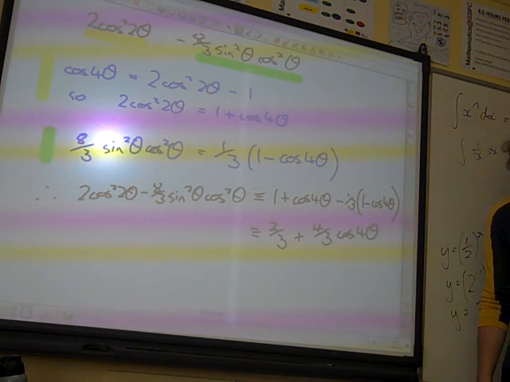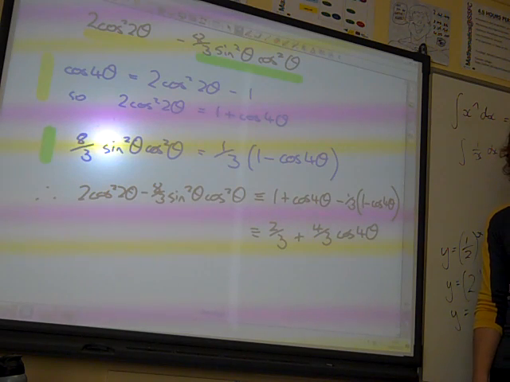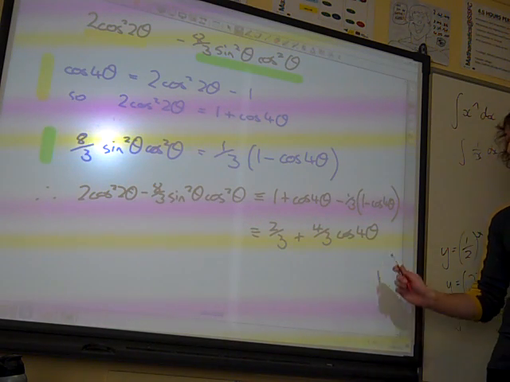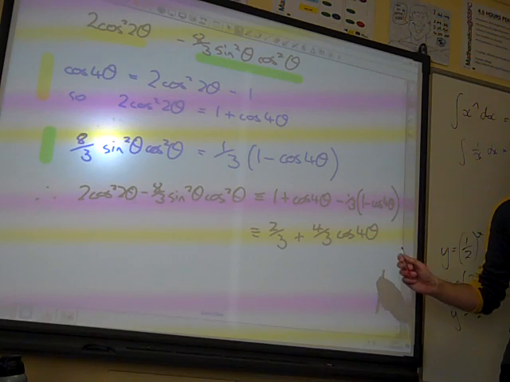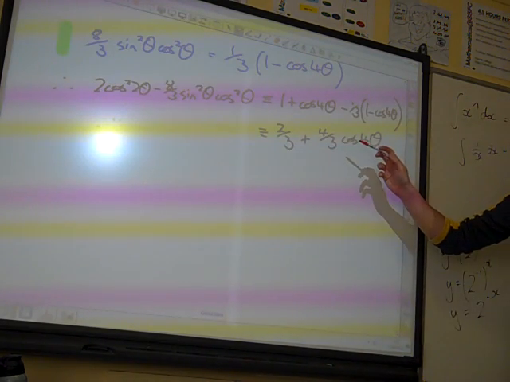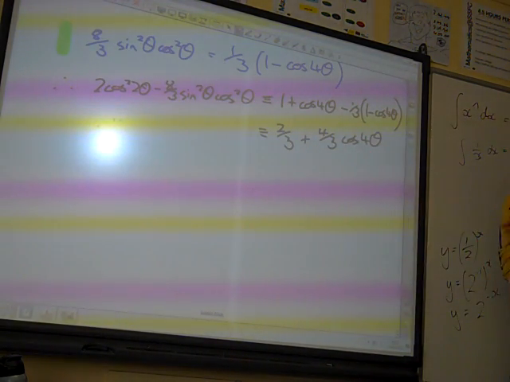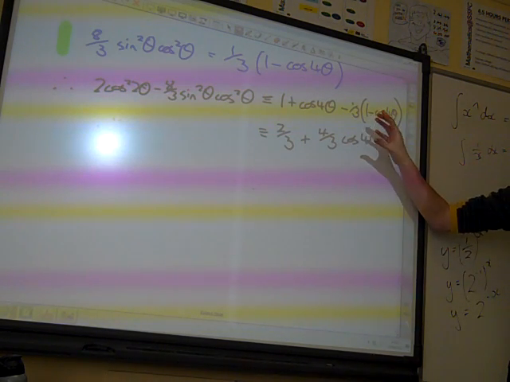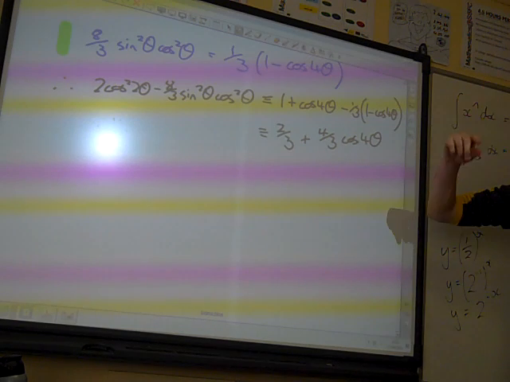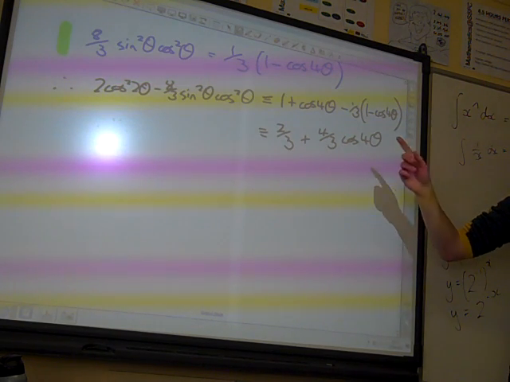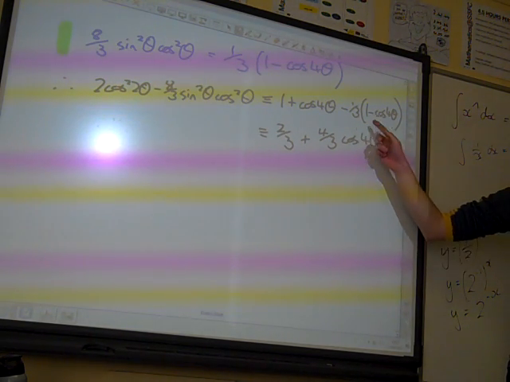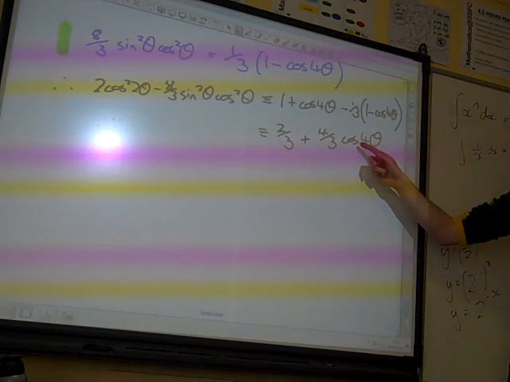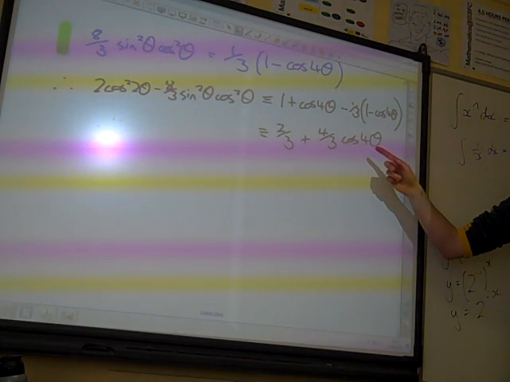Okay, and the question was asking us, what is the greatest and least value of this? Well, in this, the bit that varies is cos 4 theta. The fact that it's 4 theta is irrelevant. Cos of something goes between plus or minus 1, doesn't it? So that bit there, the only bit that varies, its least value is minus 1.